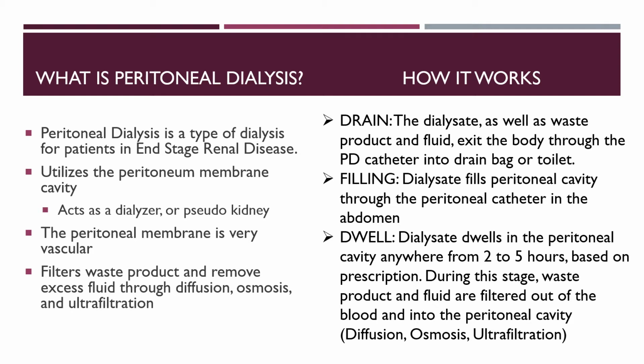Once filled, the patient can disconnect and go about their day. This is called the dwell. Dialysate dwells in the peritoneal cavity anywhere from 2 to 5 hours based on their personal prescription. During this stage, waste product and fluid are filtered out of the blood and into the peritoneal cavity.